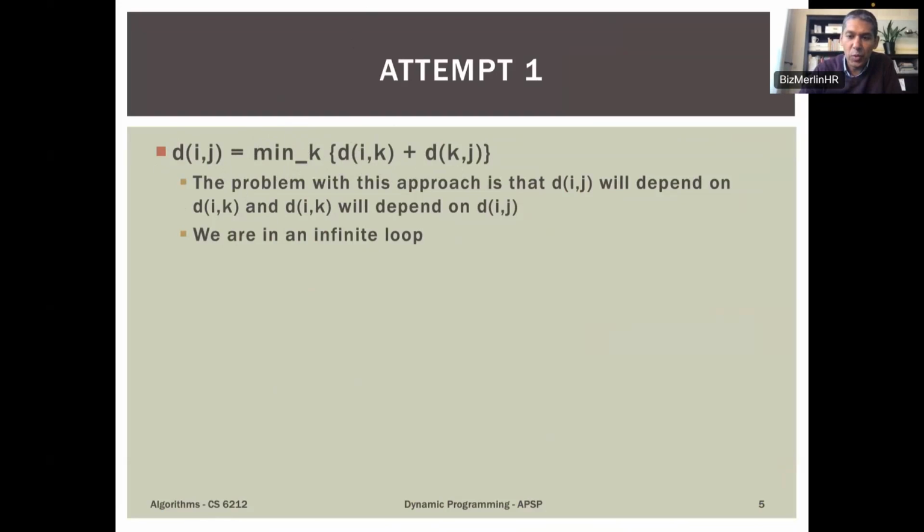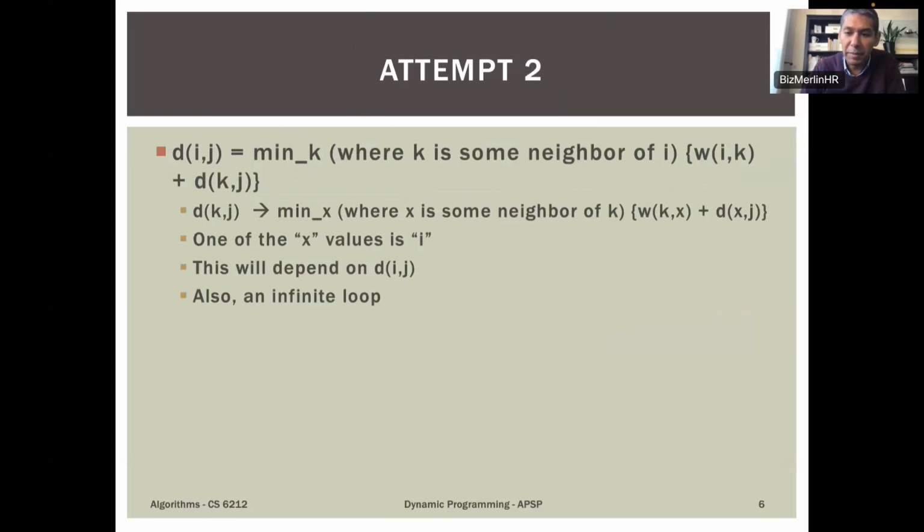Let's try attempt number 2. The second attempt is that from i, we will go to some node k, where k is a neighbor of i, using the weighted edge wik, and then we'll go from k to j.